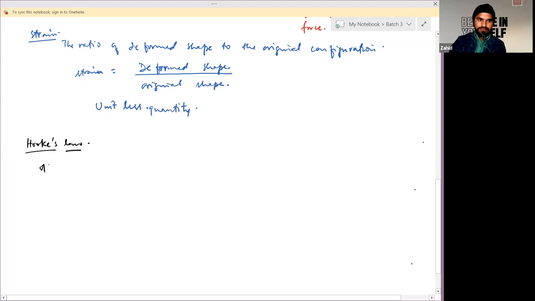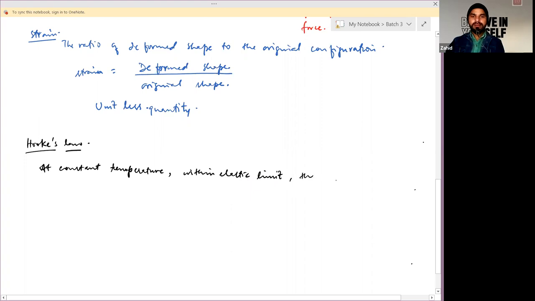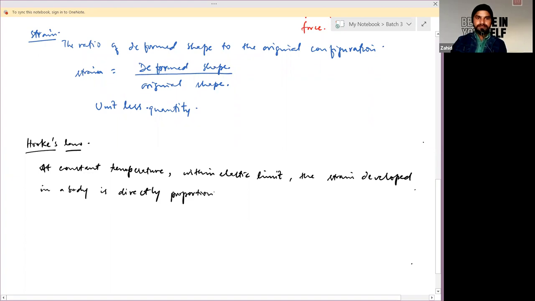So you'll say at constant temperature and within elastic limit, the strain developed or produced in a body is directly proportional to the applied stress.